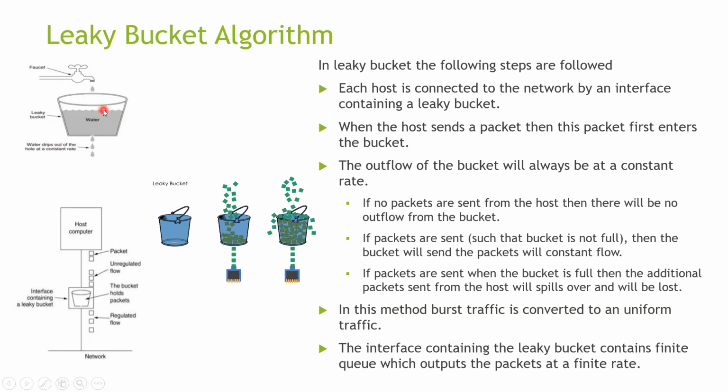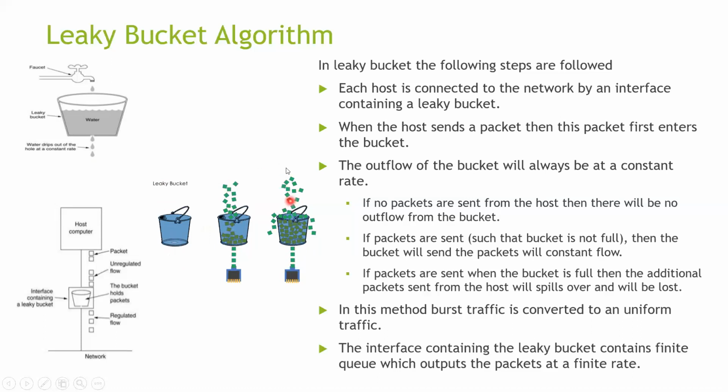Now we can compare the same example with our leaky bucket algorithm, and see how it works. There is an empty bucket and a hole. When no packets are coming in, no packets will go out. When packets are coming in, it will transmit at a constant, fixed rate.